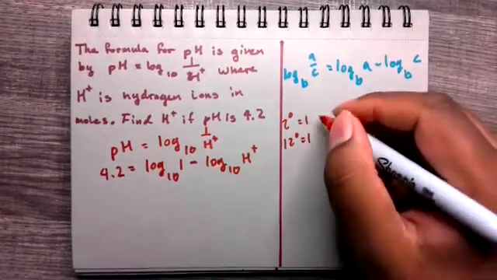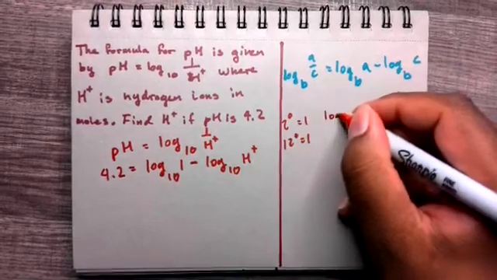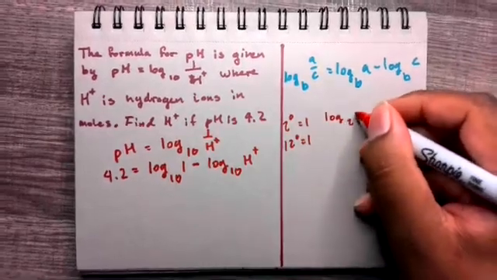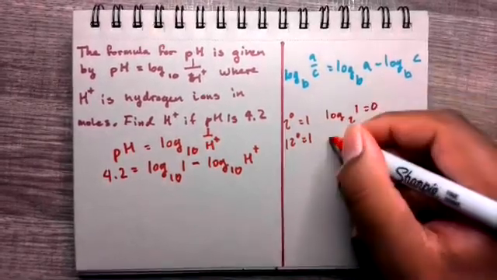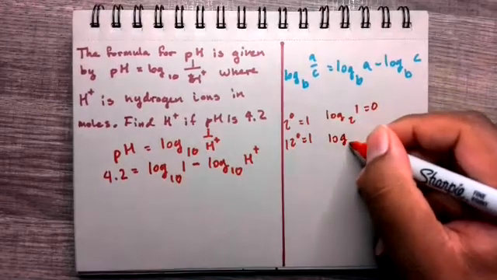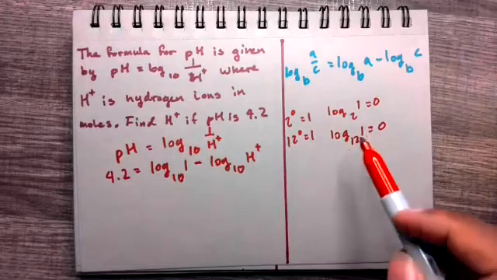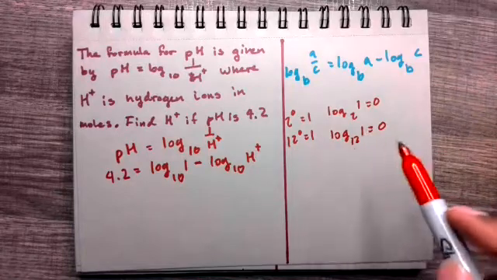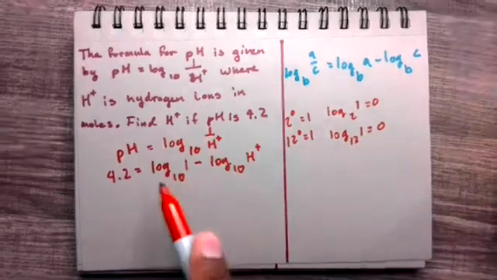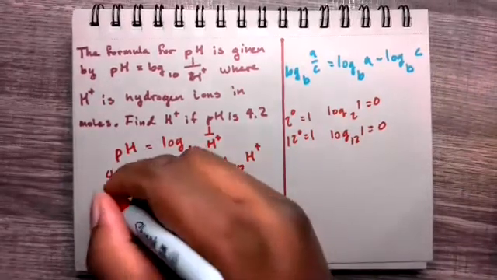Therefore, if I rewrote it as a logarithm, I'd have log base 2 of 1 equals 0, log base 12 of 1 equals 0. So anytime you see 1 pop up here, the answer is 0. So once again, log base 10 of 1 is 0.